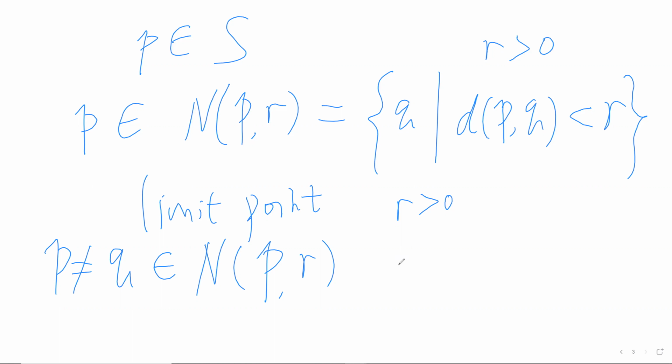So P is a limit point as long as we can always find, well, I should say, a set that belongs to a metric space. Remember, a metric space is itself a set with a metric defined on it, and it can have many subsets.